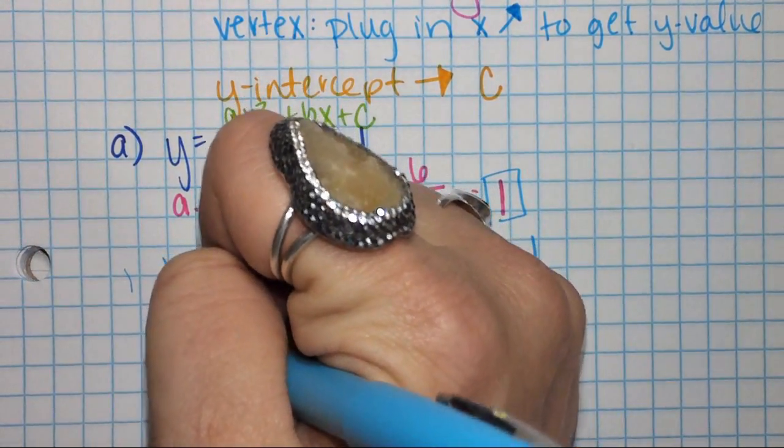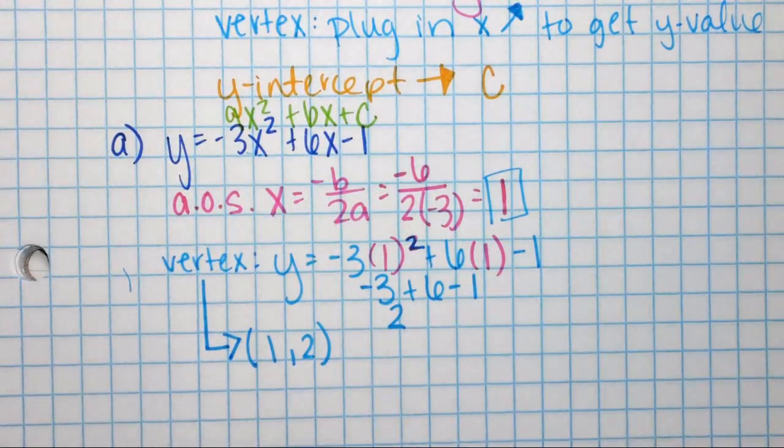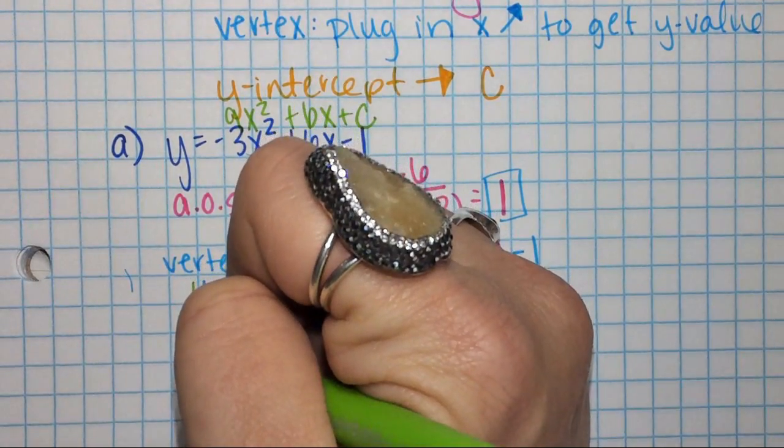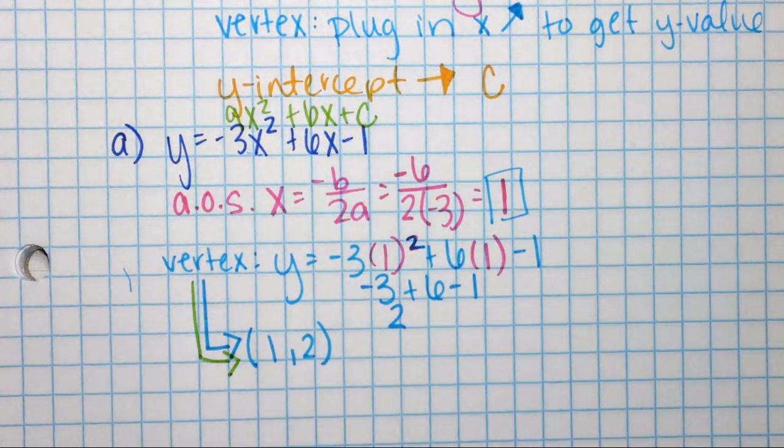So this right here is our vertex. Does everybody understand? Does anybody not understand? I'm getting it. You're getting there? Okay. That's okay. We're going to do more than one together.